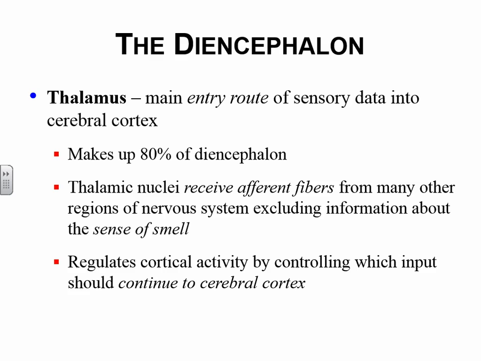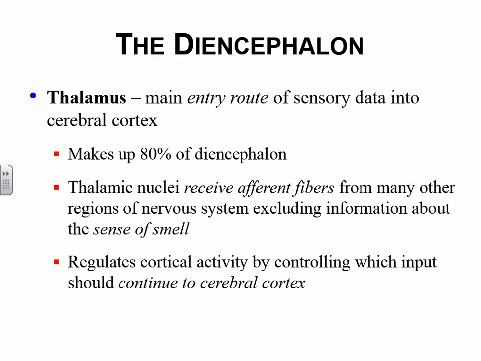Now, the thalamus is a really important part of the diencephalon. The thalamus is your relay station. The thalamus is where all of your sensory input, except for smell, is sent. When vision comes in your eye, your thalamus says, oh, vision, occipital lobe, there you go. When a sound comes into your brain from your ear, it's the thalamus that says, sound, oh, okay, out to the temporal lobe you go.